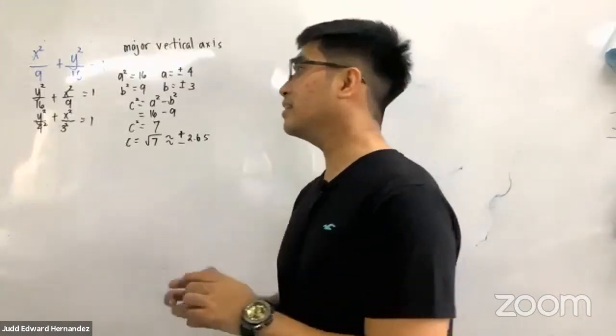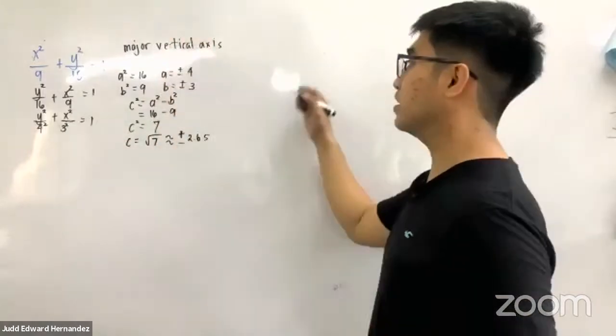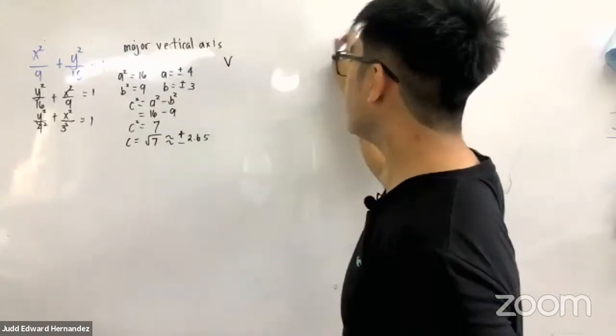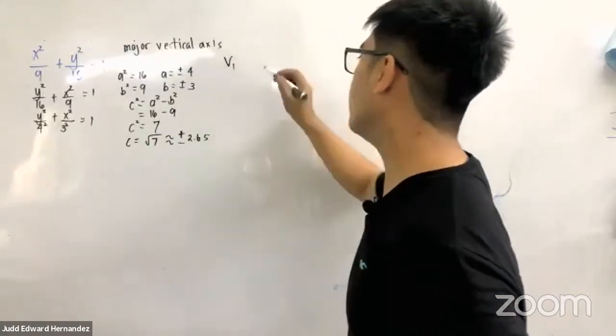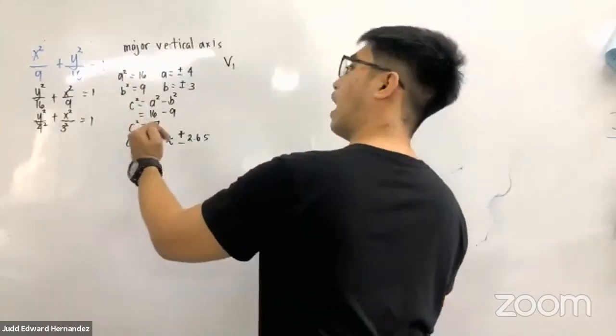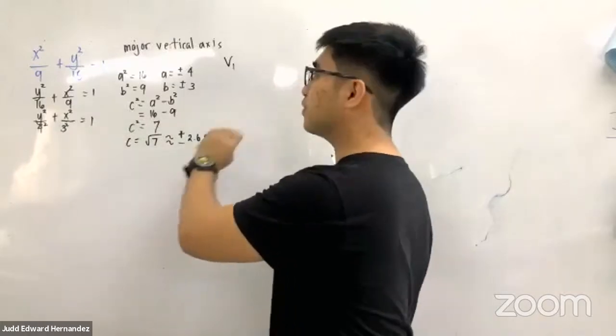Okay. Anong sabi natin kanina? Sabi natin, yung major axis daw natin is the vertical axis. Therefore, where is V? Sabihin natin V1 muna. Asaan kaya yung V1 natin? Kung mula sa center, aangat ba siya at bababa? Or kanan kaliwa? Saan yung vertex natin?